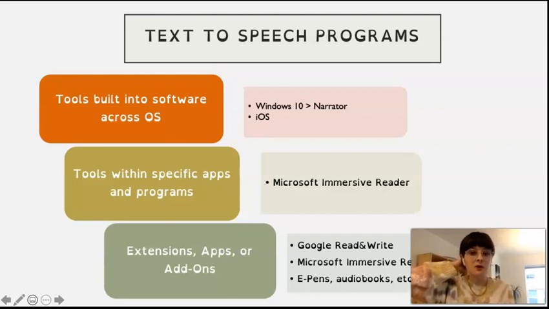What I learned about was that there are tools everywhere for students to be able to access content. We're a Microsoft school, so I cannot speak highly enough about the Microsoft Immersive Reader and Learning Tools sections. Google also has extensions, and also there are actual pieces of hardware that you can purchase to help read text aloud.